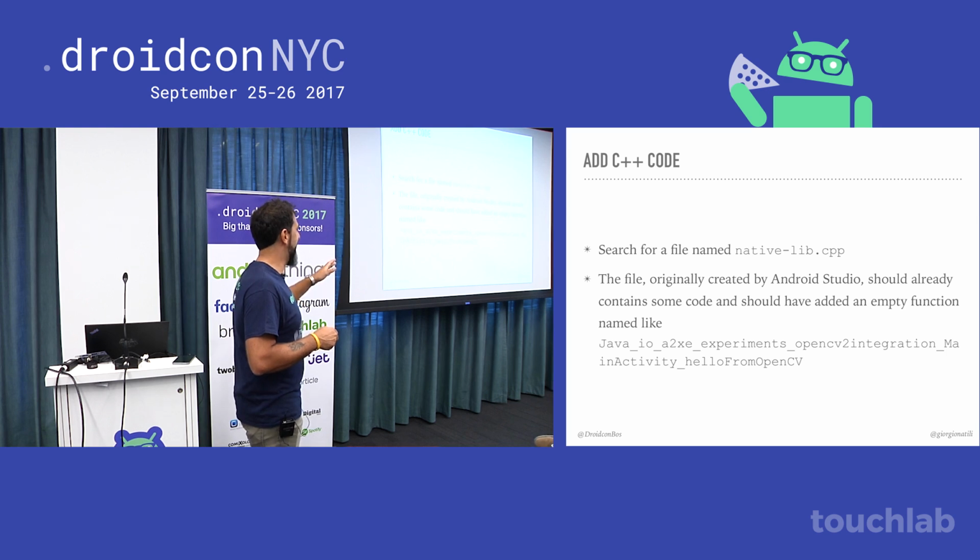So actually it's saying, I'm going to be invoked by Java. That's your package, that's the name of the application, that's the name of the activity, and that's the name of the function. That's the entire signature name of the function. So in your Android code, you simply do hello from OpenCV. That's it. But in the C++ file, you will get all this.